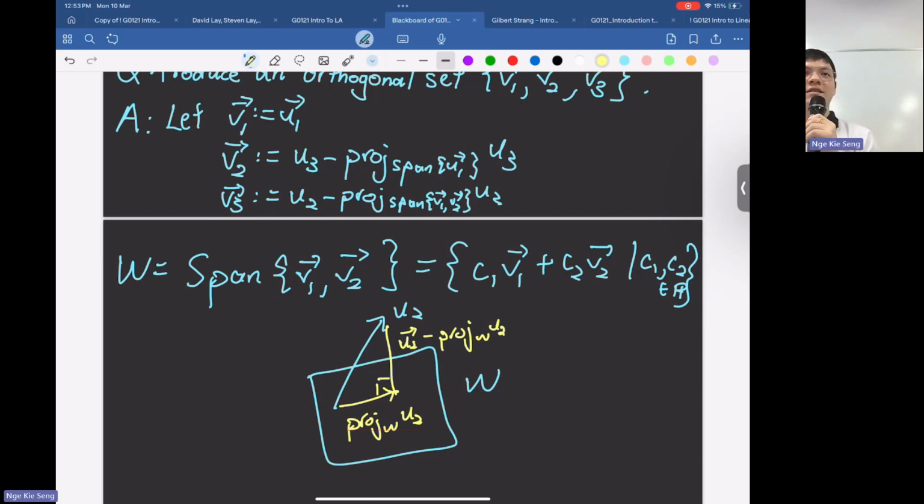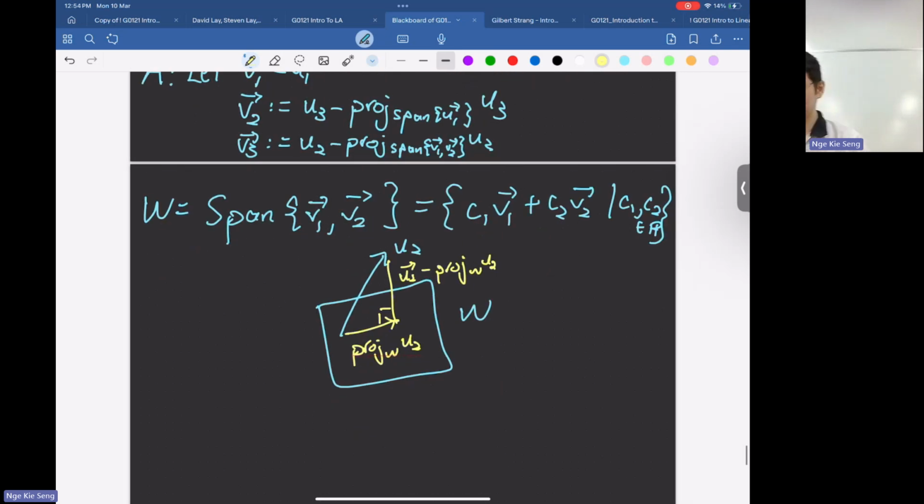What's your question? How to do this projection onto the span of V1, V2? Okay, I think I get what you mean. You're asking about the definition of this.